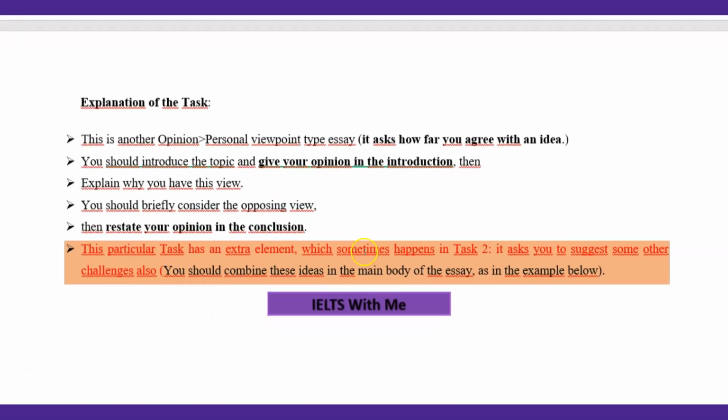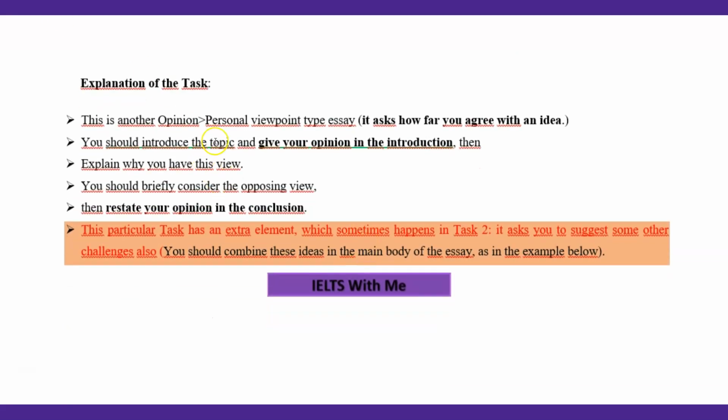Pay attention that this is an opinion type essay, okay? We are going to express our viewpoint regarding how far we agree with this idea, completely or not, or whether we totally disagree. We have to introduce the topic and give our opinion in the introduction paragraph.